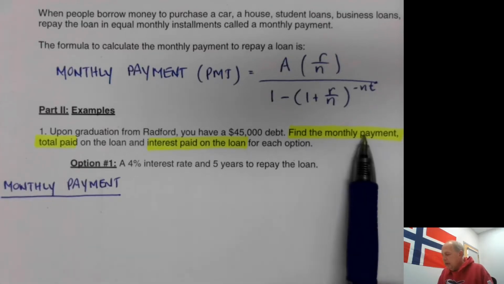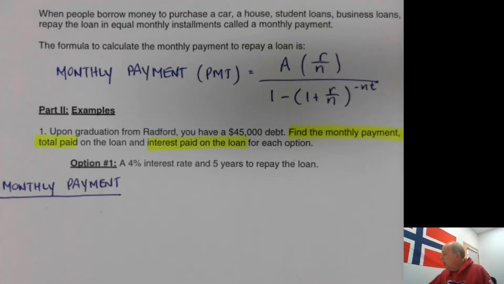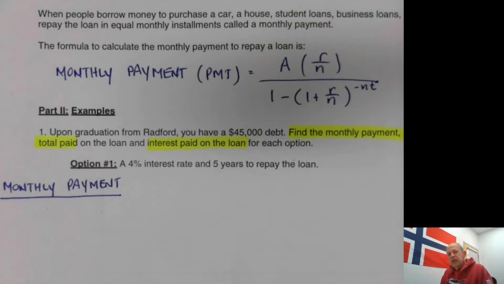We want to find the monthly payment, the total that they have to pay on their student loan, and the interest that they have to pay on the student loan under these conditions. So the student borrowed $45,000 to go to school. One bank gives them an interest rate of 4% and 5 years to repay that loan.